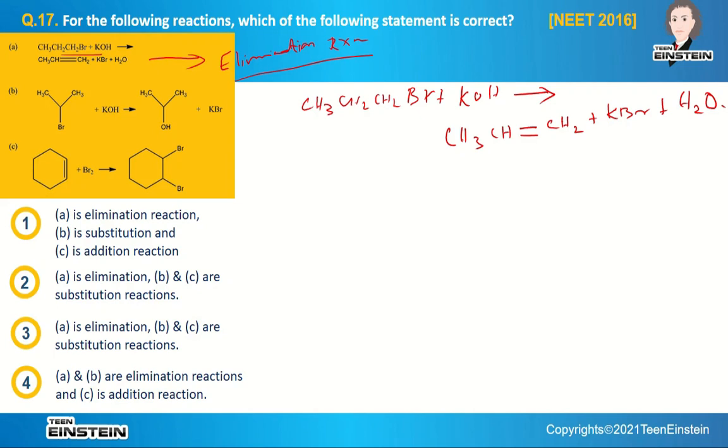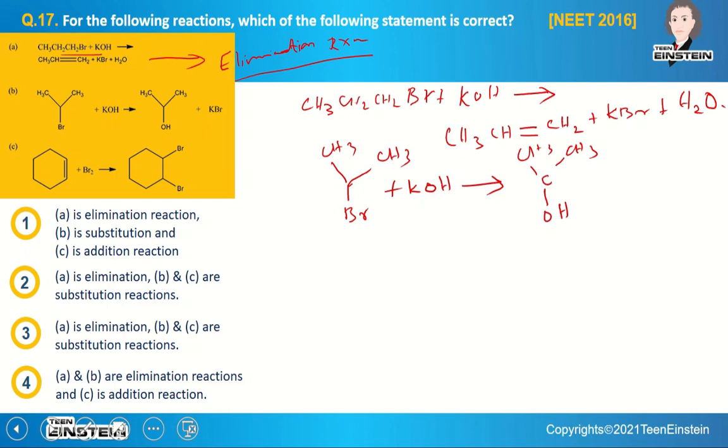Come to the next reaction. So here the reaction that takes place is a substitution reaction. So here we see this compound, when reacted with potassium hydroxide, produces CH3 OH, and removal of potassium bromide takes place.